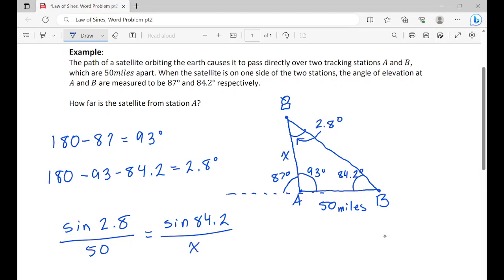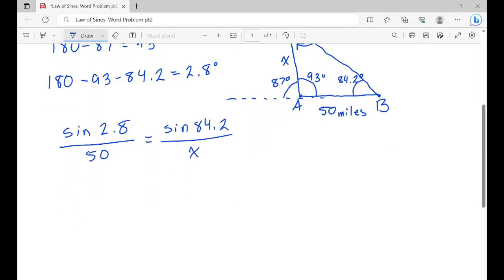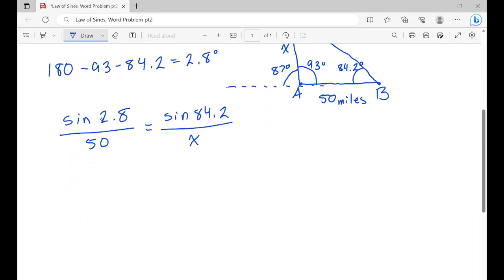Now I'm just going to solve for x. So multiply the x over, divide the sine 2.8 over, multiply the 50 over, and I'm going to get x equals 50 sine 84.2 over sine 2.8.